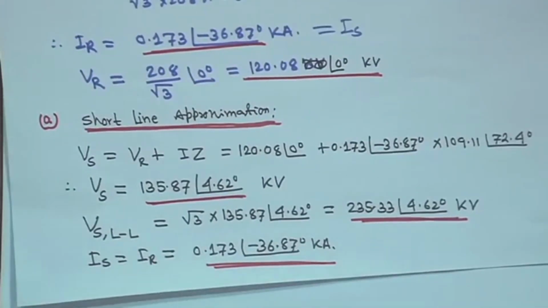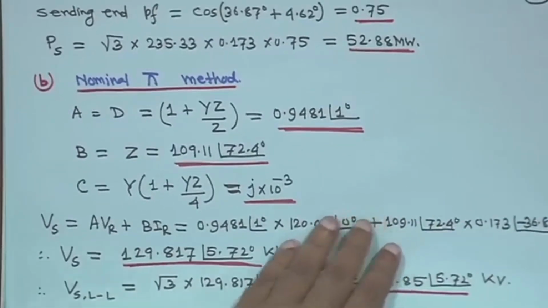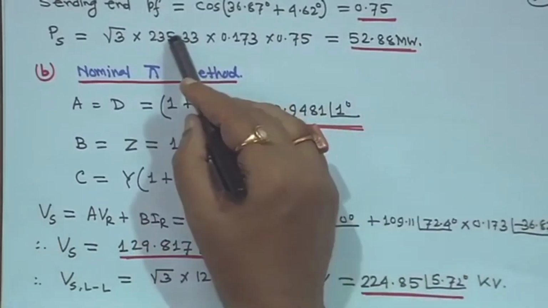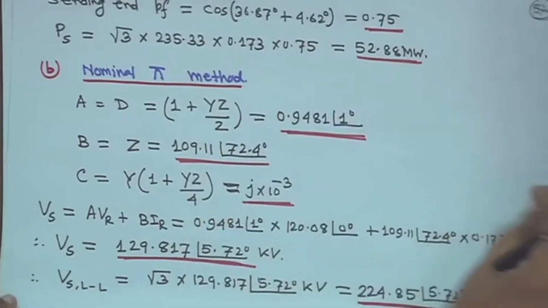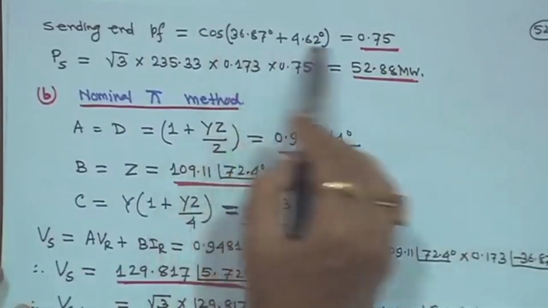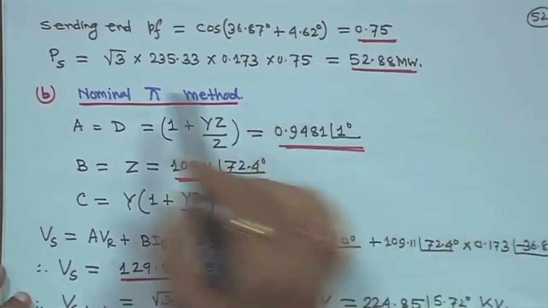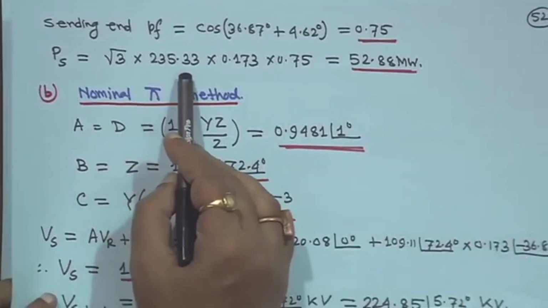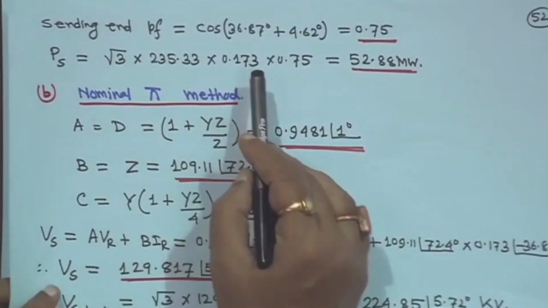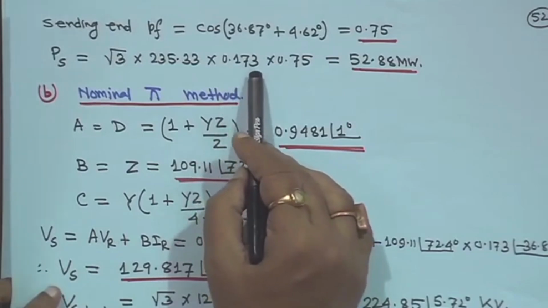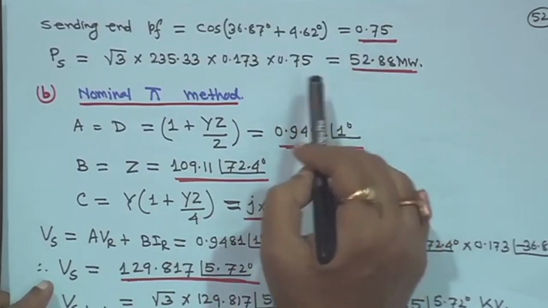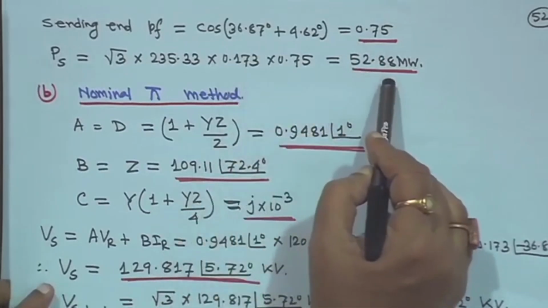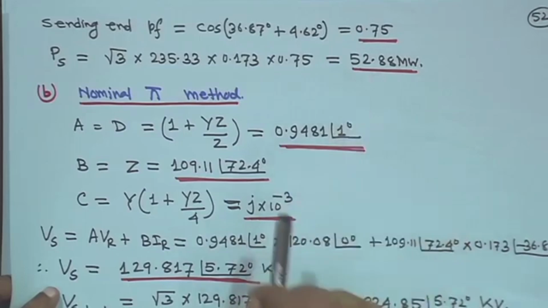So, the power factor is the cosine of 36.87 degree plus 4.62, so 0.75. And sending end power is equal to root 3 times the sending end line to line voltage, into that current 0.173, into the power factor 0.75, right. So, this is 52.88 megawatt for the short line, right.